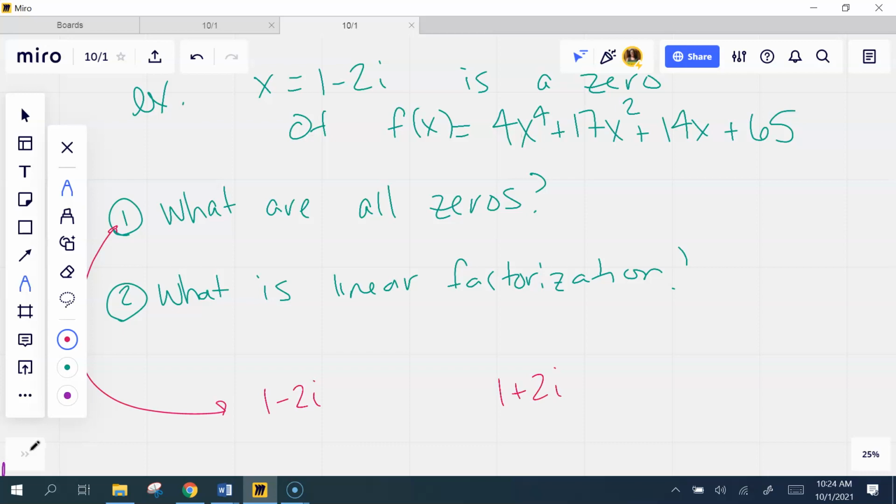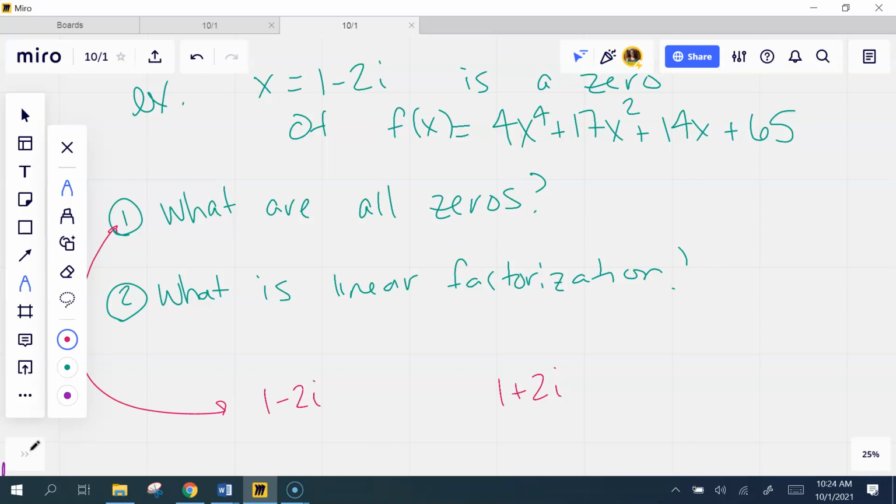Do we agree? So Abby had a good idea, and that's a perfectly fine way to start if you want to. If you want to multiply those two together and get that real coefficient factor and divide it, we would have to use long division though, right? What else could we do?